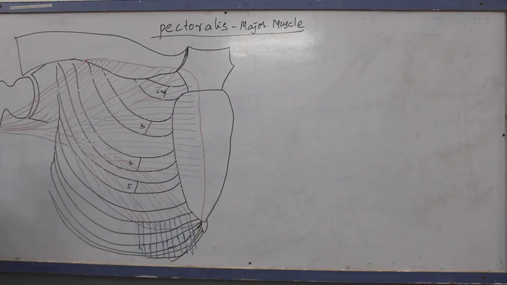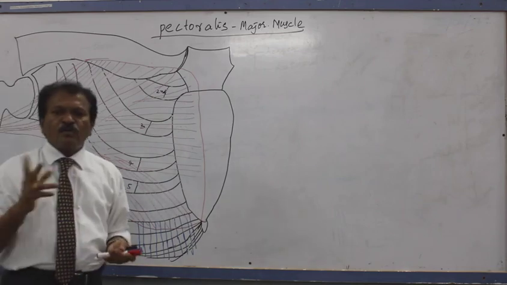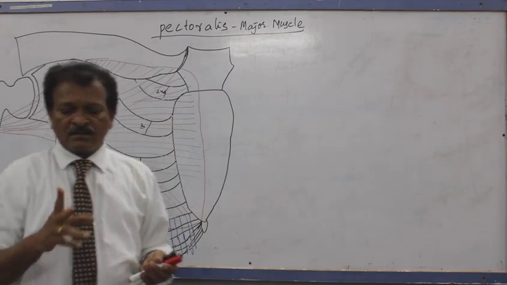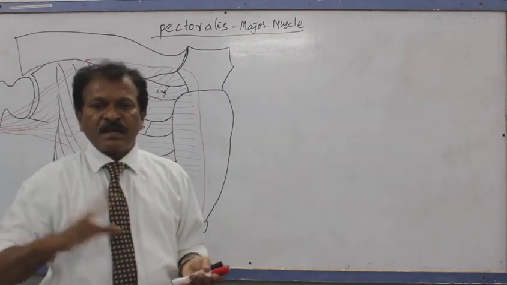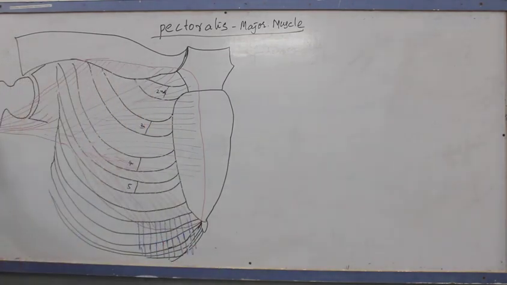It has two borders and a floor, a lateral border and a medial border. This side is the lateral lip of the intertubercular sulcus, and this one is the medial lip. The lateral lip receives the insertion of the pectoralis major muscle.